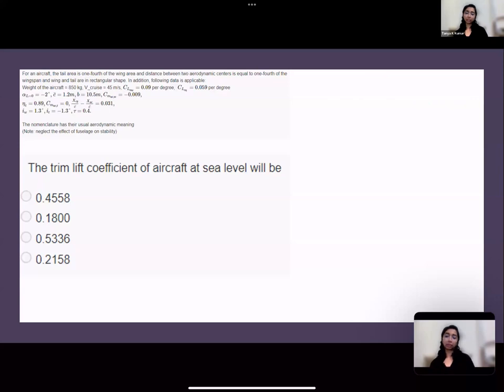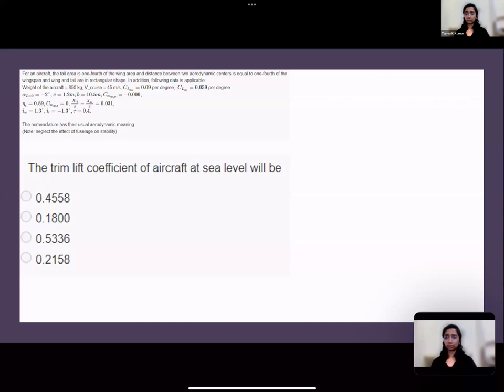Trim lift coefficient of the aircraft. How do you find this?